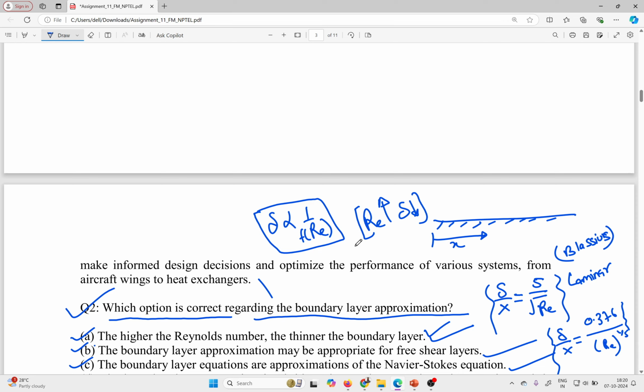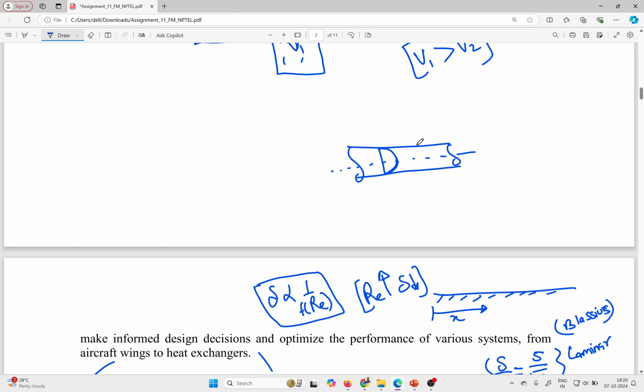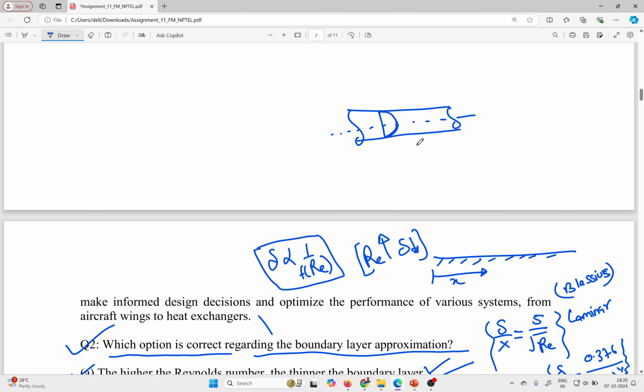Maybe in case of pipe flow, you can think of the pipe flow like that. If the flow is laminar, your velocity distribution is less near the wall and then parabolic. So here also one separation zone will exist, because here it is less, and in between it is very high velocity.